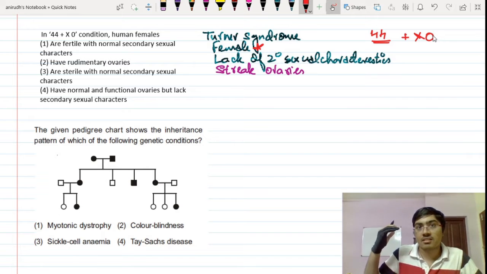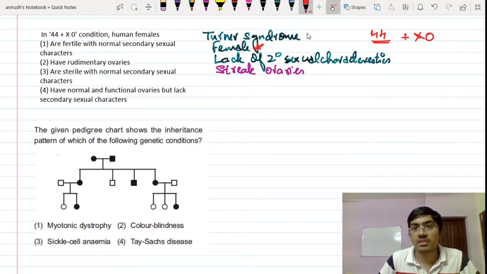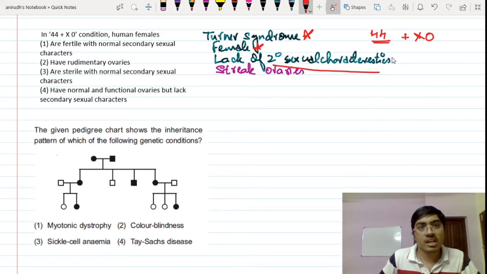All the characteristics of a female will not be fully present. So this is called Turner syndrome. And this female is lacking secondary sexual characteristics, because what makes a female is two X chromosomes, but one of them is missing here. You can remember it that way: something is missing, due to which this person is not a complete female.